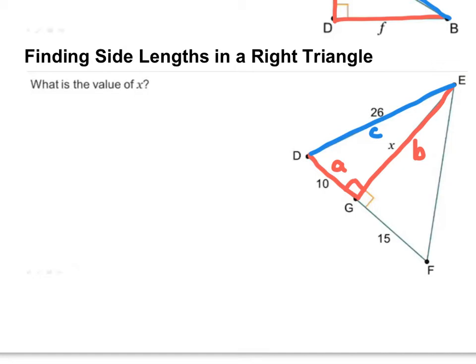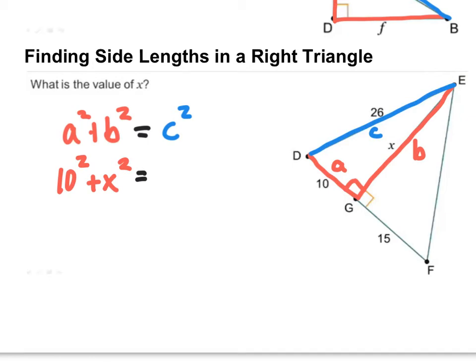So when I set this up, if I use the Pythagorean theorem, a squared plus b squared is equal to c squared, all right? If I plug in my value for a, that's going to be a value of 10. So I've got 10 squared plus b squared, which is x squared, and this is equal to c squared, which is 26 squared.